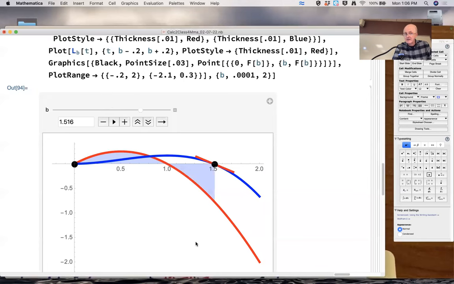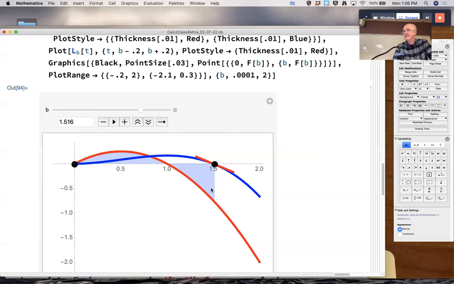The integral of the red gives you the blue. The integral of the red graph from 0 to 1.5 would give you the change in position, change in the blue graph, which is about 0. This area minus this area is approximately 0 because these areas are approximately the same.